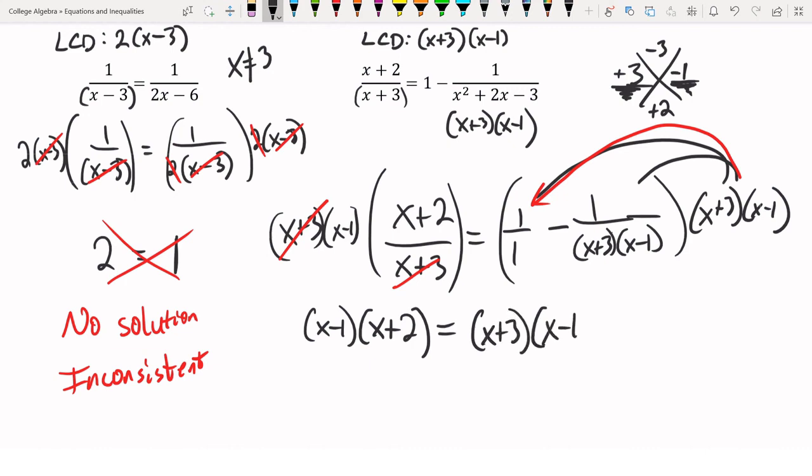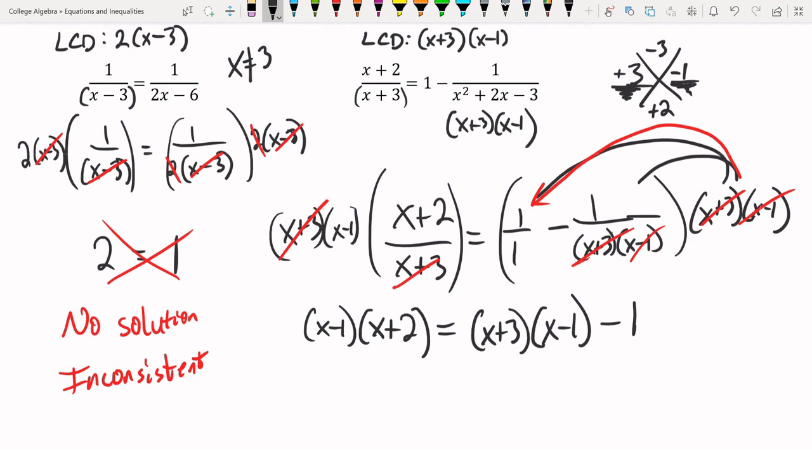Because this is really just multiplying 1, so that's all we need. And then you see that x plus 3 and x minus 1 cancel, giving us just 1. Now we have an equation that has no denominators, so we can continue to see if this becomes a linear equation.